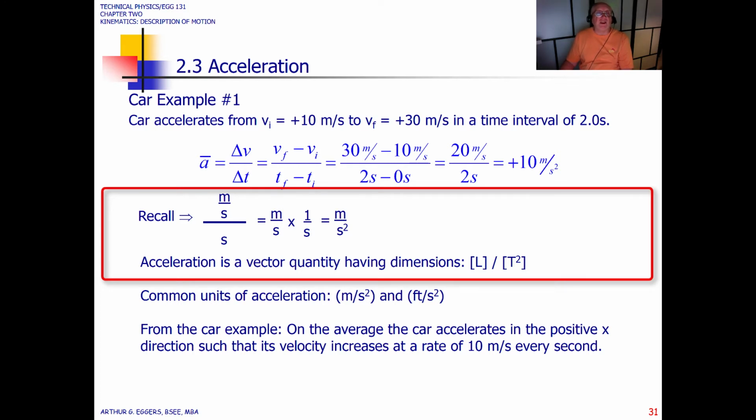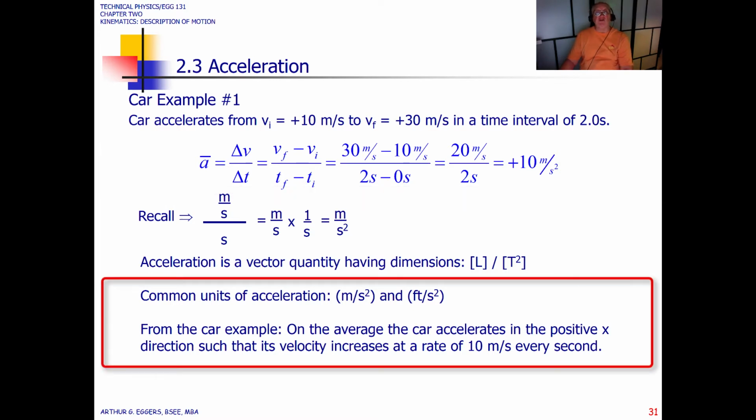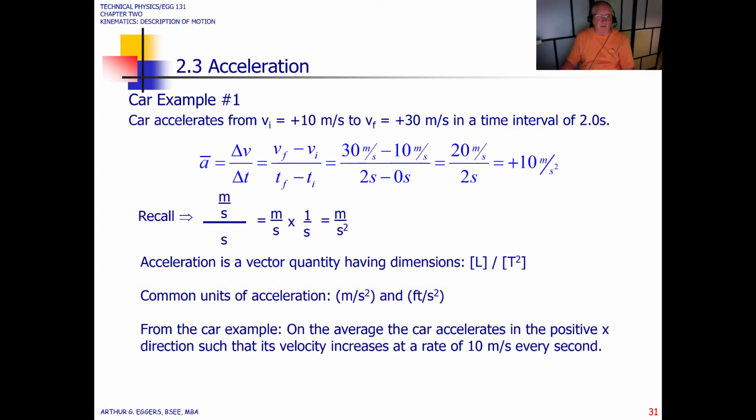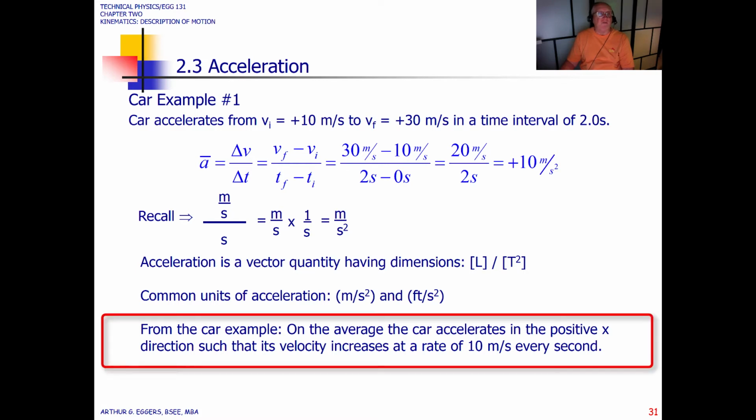Acceleration then is a vector quantity having dimensions of length divided by time squared. Again, common units of acceleration are meters per second squared and feet per second squared. And again, you may have to get used to doing conversions between those two sets of units depending on what a problem asks you to solve.